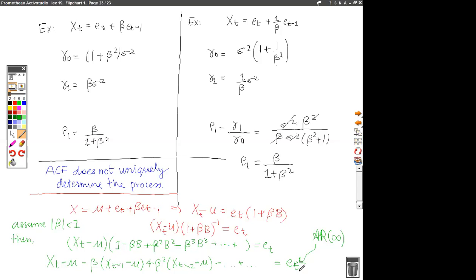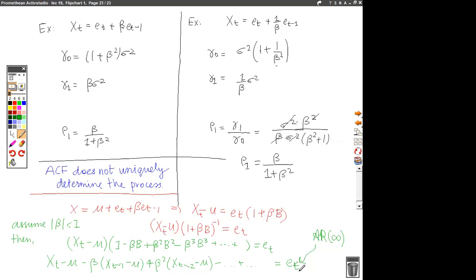So my AR process is stationary if its characteristic roots are greater than 1 in absolute value, and my MA process is always stationary. But my MA process is invertible if and only if beta in absolute terms is less than 1. And when I can invert an MA process, upon that inversion I get a transformed process, which is just an autoregressive process of infinite order.